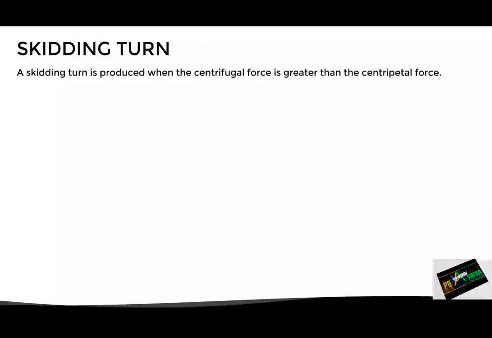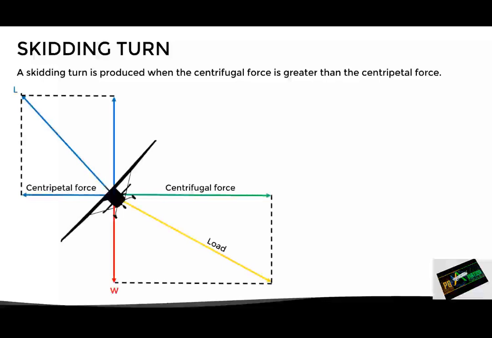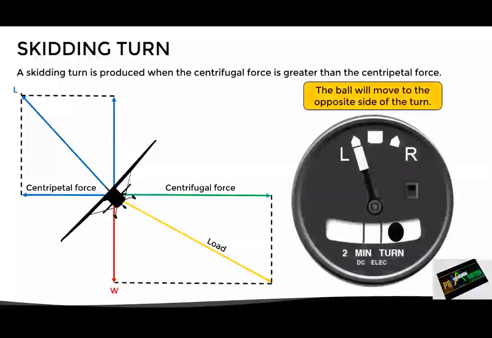A skidding turn is produced when the centrifugal force is greater than the centripetal force, as we can see in this image. What will happen in this case is that the ball will move to the opposite side of the turn. For example, this aircraft is turning to the left and the ball moves to the right. Again, this happens due to the imbalance between centrifugal and centripetal forces.